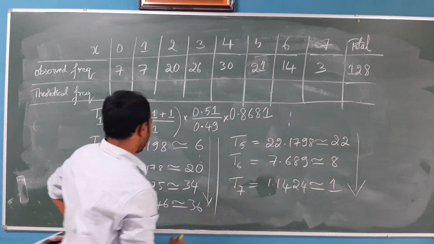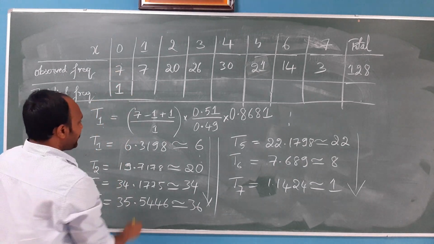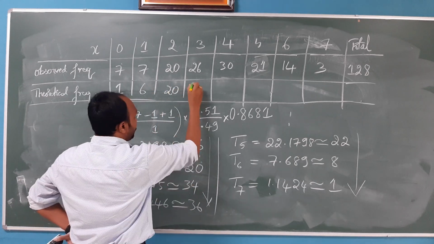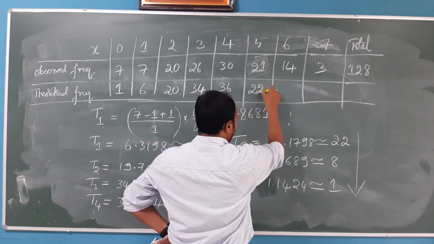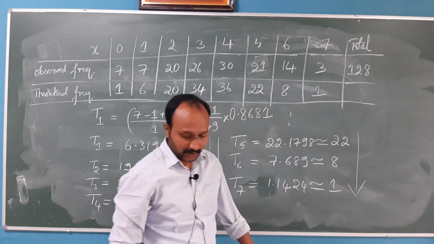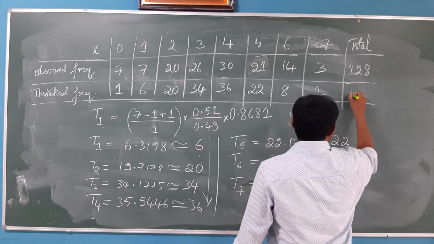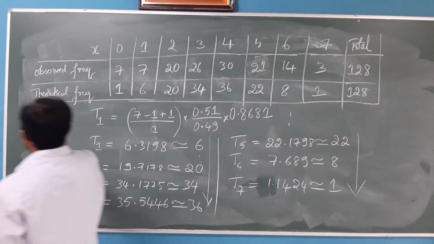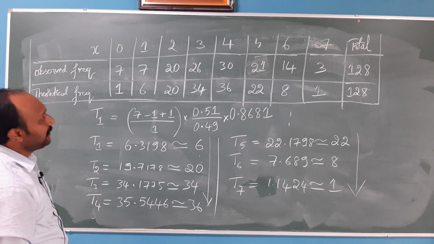For 0 it was 1, for 1 it is 6, for 2 it is 20, for 3 it is 34, for 4 it is 36, for 5 it is 22, for 6 it is 8, for 7 it is 1. If you add all these values, you will be getting 128. Okay. In this particular problem, the observed frequencies and theoretical frequencies are almost matching.